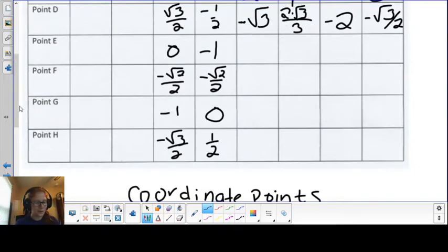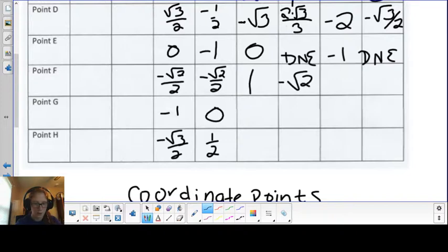Point E, my tangent is 0. My cosecant does not exist. My secant is negative 1, and my cotangent does not exist. My point F, my tangent is 1. My cosecant is negative square root of 2. My secant is negative square root of 2. And my cotangent is 1.